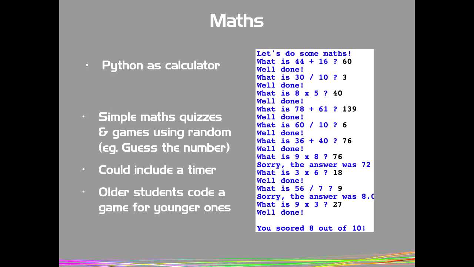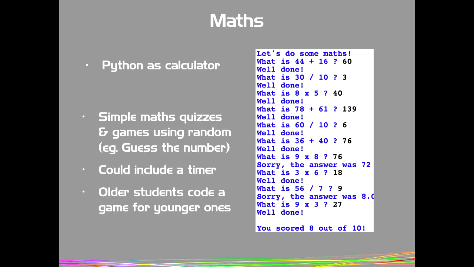Okay, an obvious way to start coding in Python is to add up some numbers, create a variable, learn to print. How about use some random numbers and make a simple maths game? So this is a pretty easy thing for upper primary school students to get their heads around. They could add scoring and a timer and play against their friends.